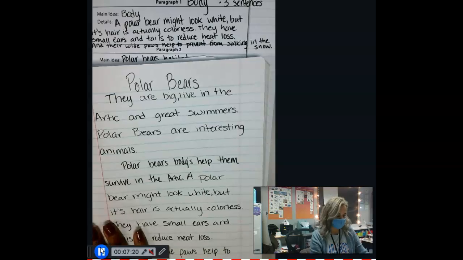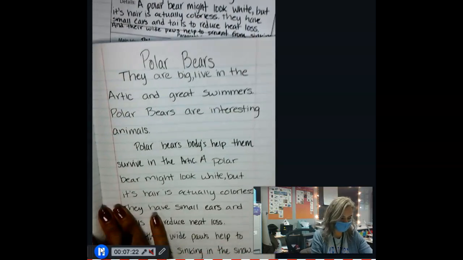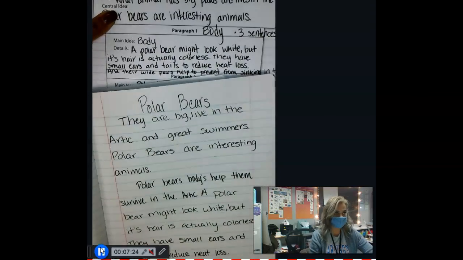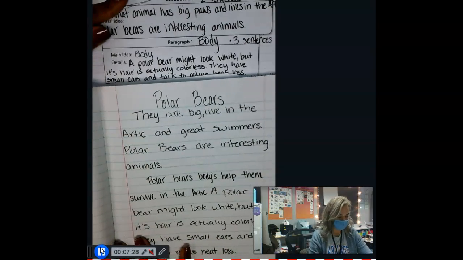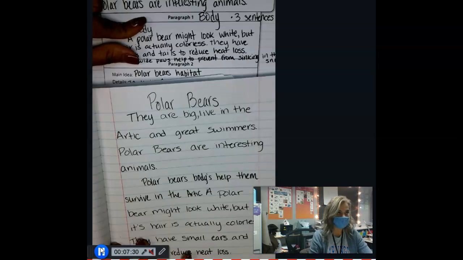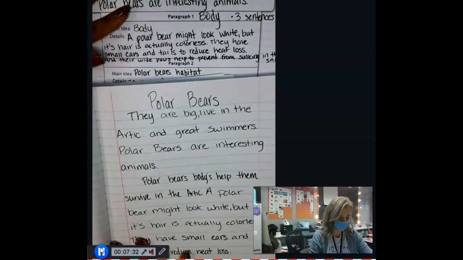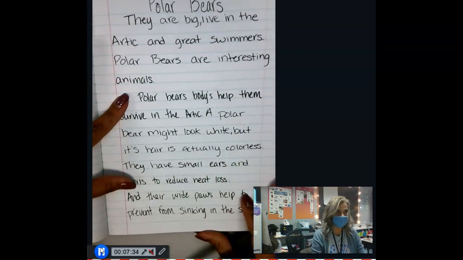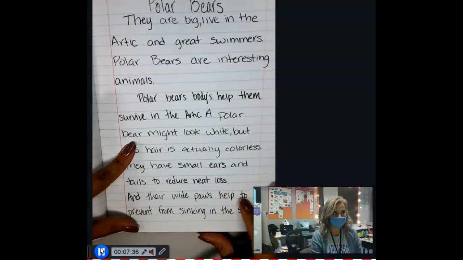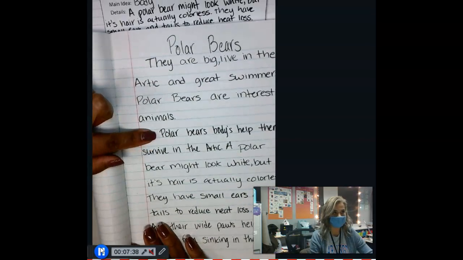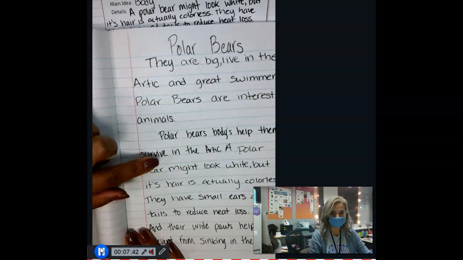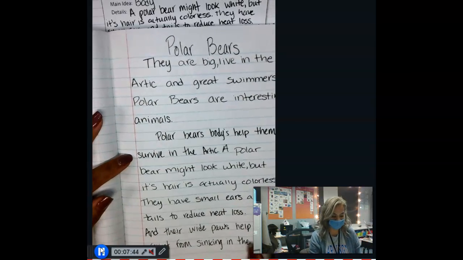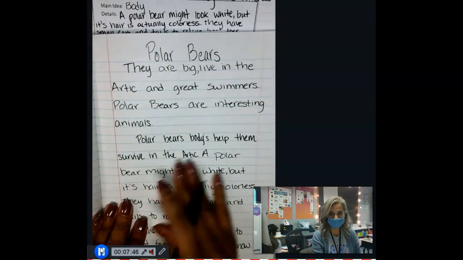Now I have transferred over my introduction from my graphic organizer, which is here. I've done my body paragraph 1, so I took all this information and wrote it on my body paragraph 1. Remember we're indenting at the beginning of each paragraph, and when we're doing a rough draft, we have to remember to skip lines so that when we revise and edit, we can have space to do that.